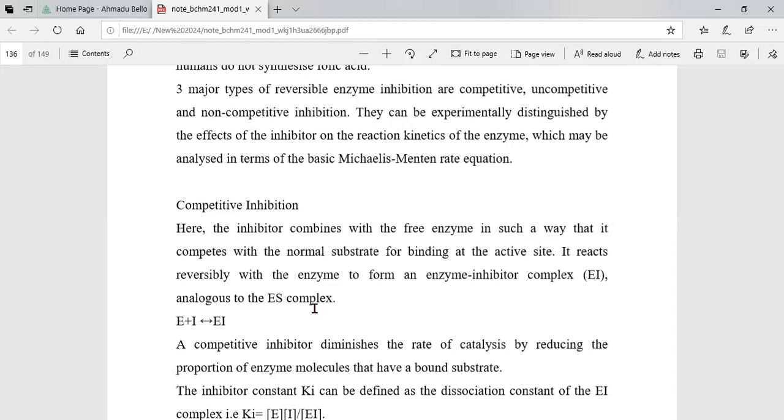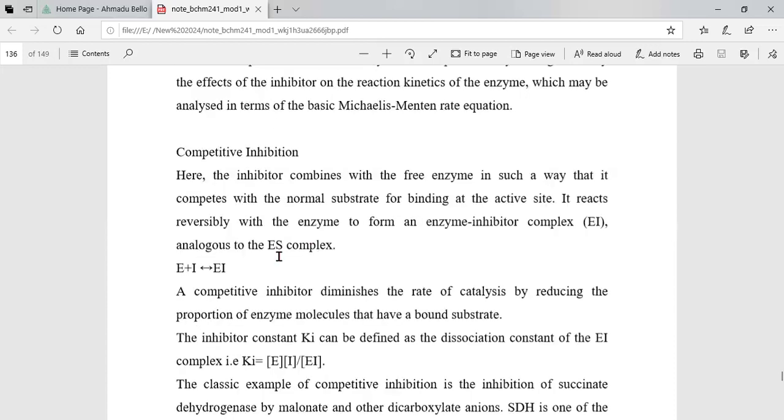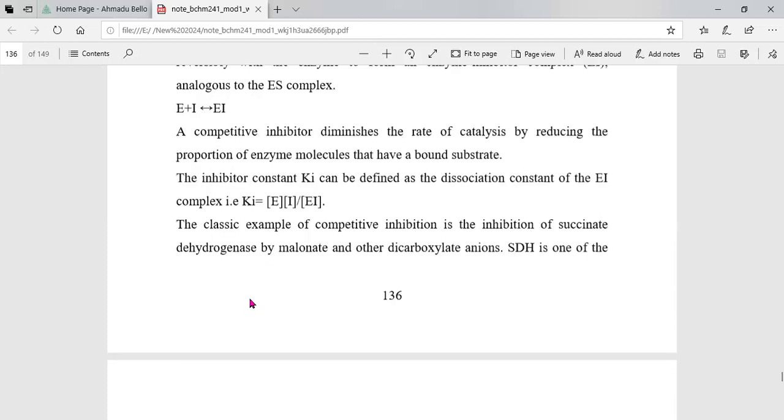It reacts reversibly with the enzyme to form what we call the enzyme-inhibitor complex, EI, which is similar to the enzyme-substrate complex if the substrate is able to bind to the enzyme. You remember? We have enzyme plus the inhibitor, giving the enzyme-inhibitor complex. A competitive inhibitor diminishes the rate of catalysis by reducing the proportion of enzyme molecules that have a bound substrate.